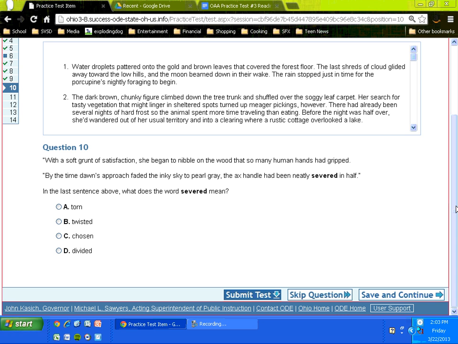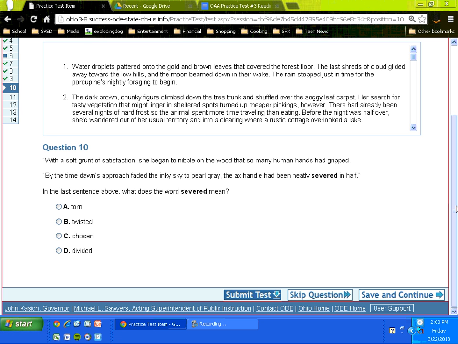Do we have an idea what that means? Mark? Where you take that word out and then put it in. Yeah. Take severed out and replace it with each of your options. See which one sounds right. See which one makes sense.